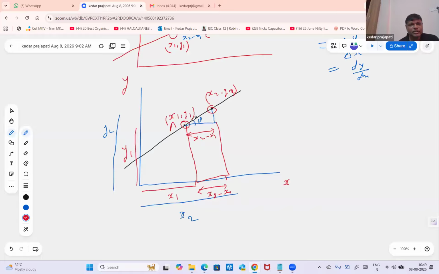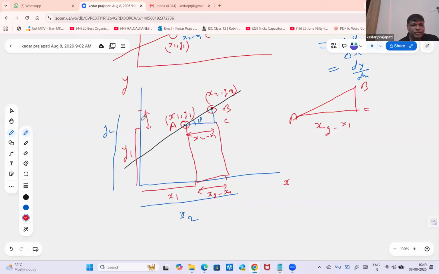So now this is A, B, C. So my AC, this AC became x2 minus x1. In the similar way, what will be this length? This length will be this one.